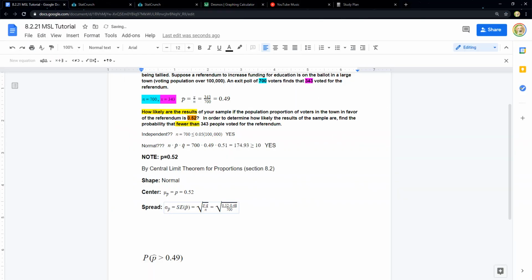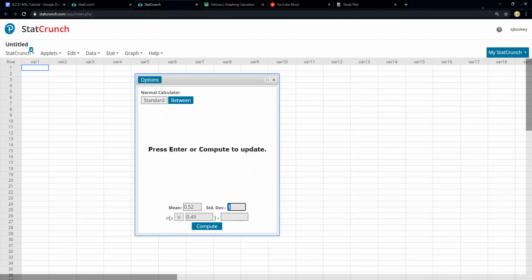That's going to be our spread. So I'm going to put an approximation over here, because it's approximately 0.01888. So that's what we use for our spread. So over here, we're going to use 0.01888. And then I'm going to click compute.